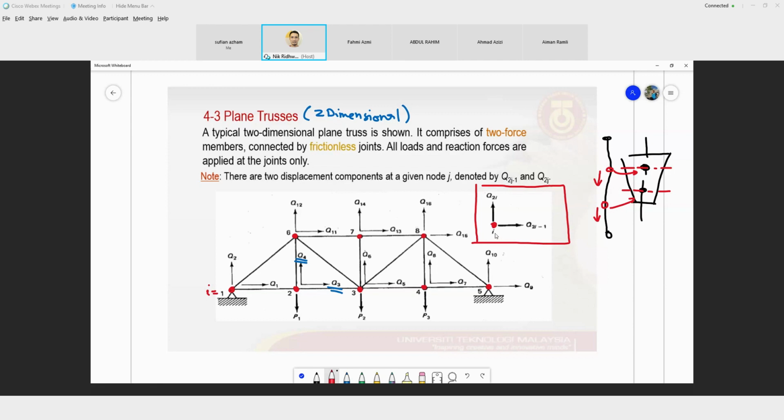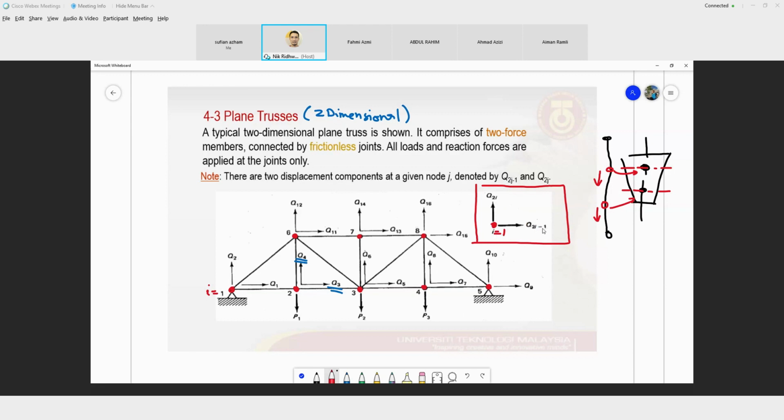So kalau saya pada node 1, my displacement can be written with these two approaches lah. The first one, for the displacement in x direction, equals 2I minus 1.